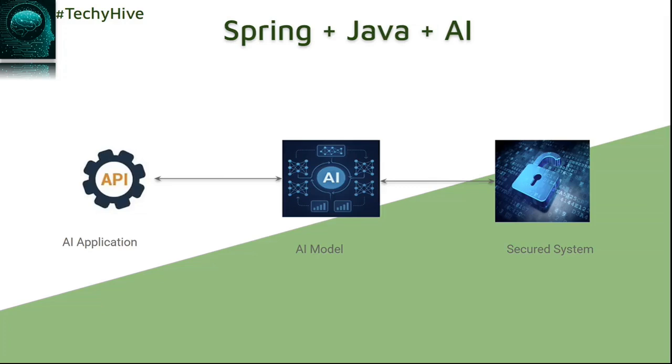For example, in this example, we have an AI application, and the AI application calls the AI model. This AI model does not have any information about the password, but we want to get the password over here in the AI model. In that case, we can define an AI function here, and that AI function will be embedded with the AI model.